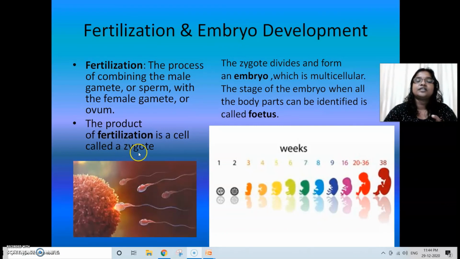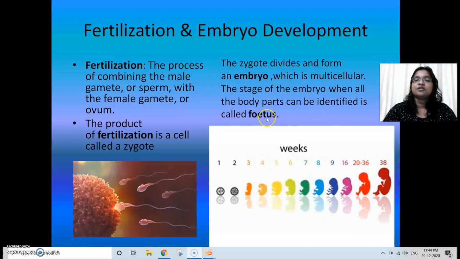And later on, the unicellular zygote divides and redivides and forms a multicellular embryo. So the embryo is the divided product from the zygote. Embryo is multicellular in nature. It has many cells. And later on, by the end of the second month, the body parts become identifiable.